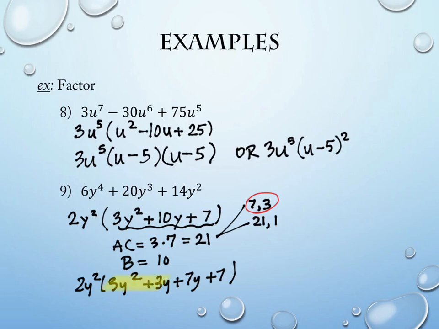Pieces at a time, 3y squared plus 3y. What do they have in common? 3 and y. Yeah, 3y. So if I take a 3y out, I'm going to put a bracket here just to separate it from my 2y squared at the beginning. If I take a 3y out of the part that's highlighted in yellow at the moment, well, 3y taken out of 3y squared, what do I have left?